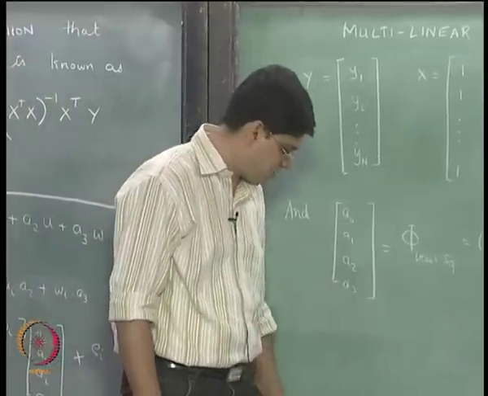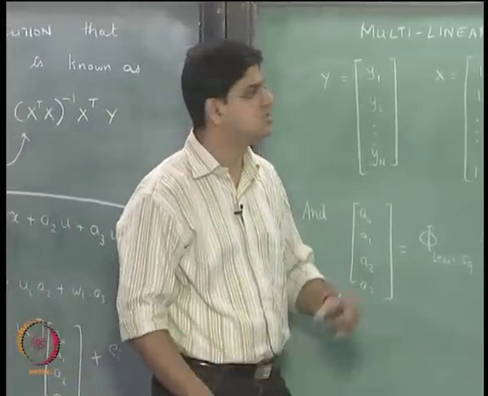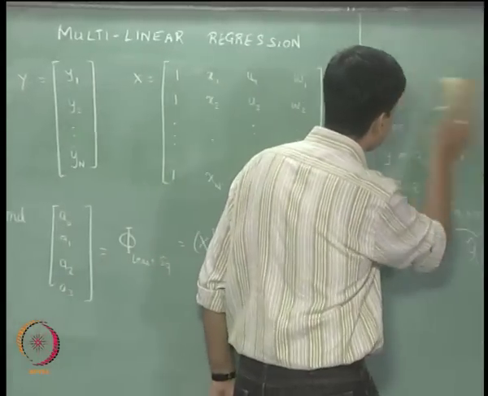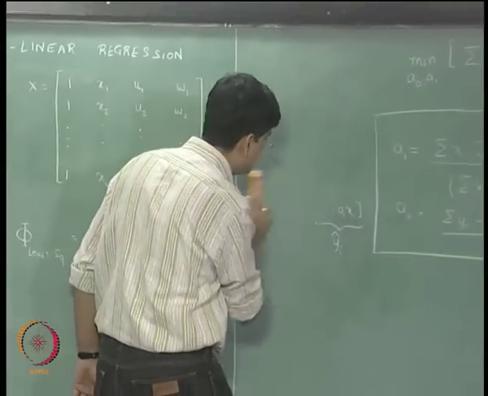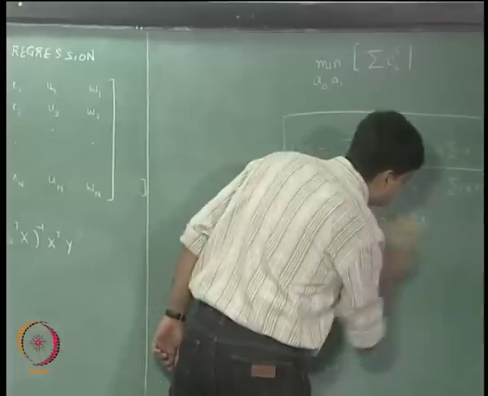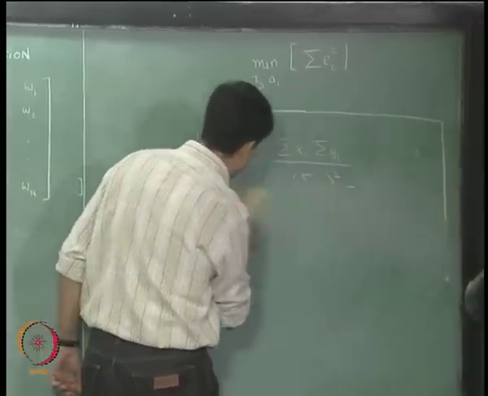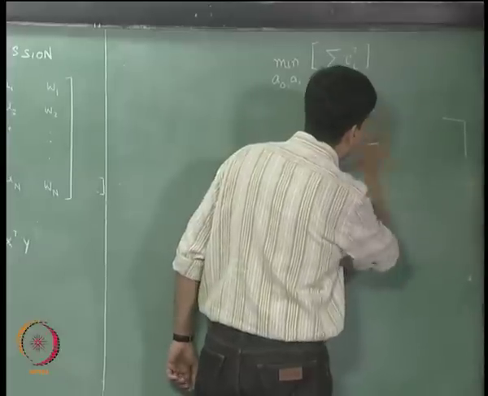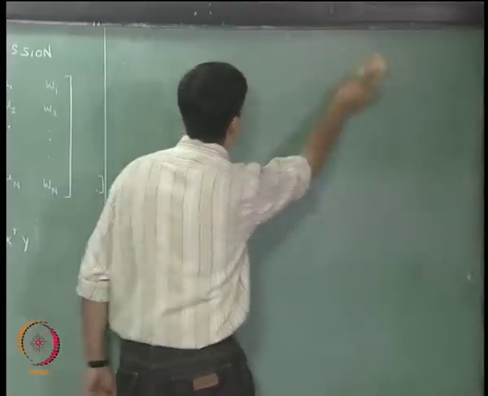In the next lecture, what I am going to cover is what is known as functional regression, which is essentially, instead of having a multilinear regression in variables like X, U and W, what if we have some kind of a functional form.